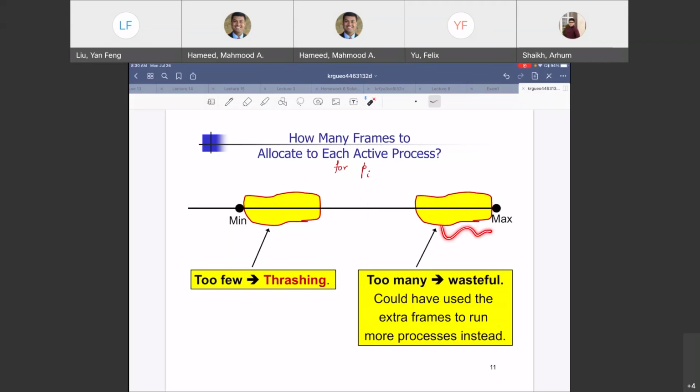If you are here, the degree of multiprogramming is very low, as we discussed earlier. Questions here? This is about how many frames you allocate, close to the minimum or close to the maximum. You, of course, cannot go here because you have a limitation on the physical memory. You can go here, but there is no other choice but to suspend that process.